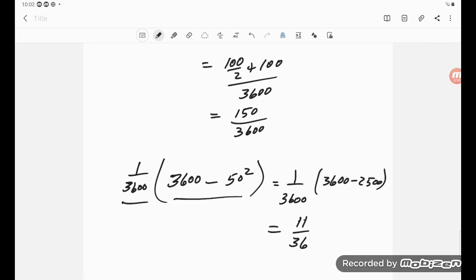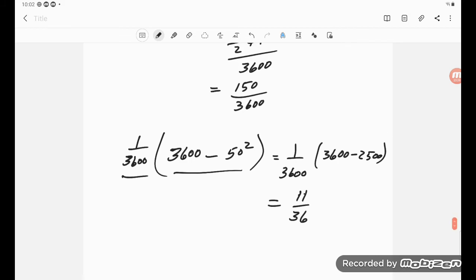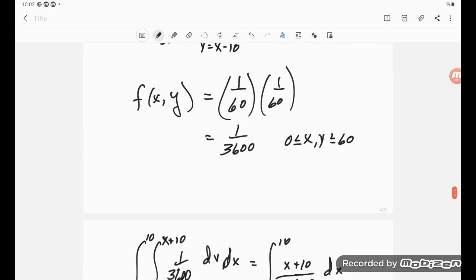But they did a rectangle and two triangles. They look to me like they went about it in a sort of funny way, but they also got 11 over 36. And so that's working through that example, or at least most of it.